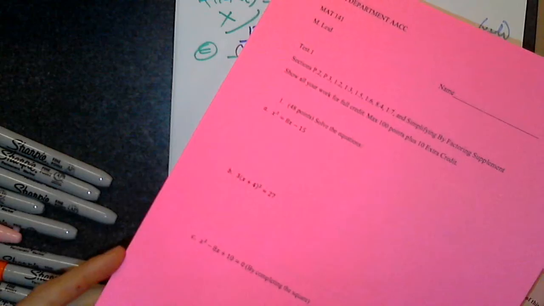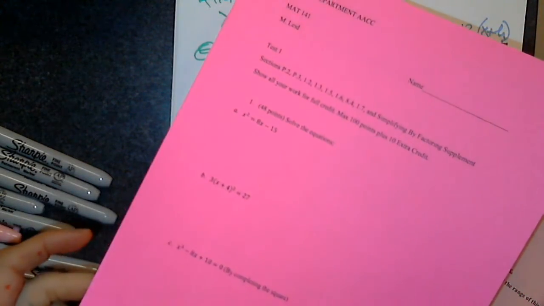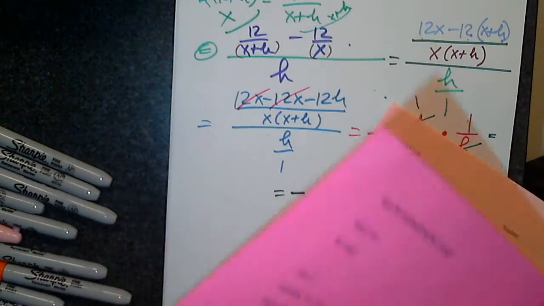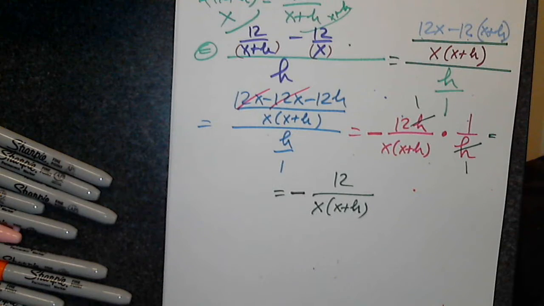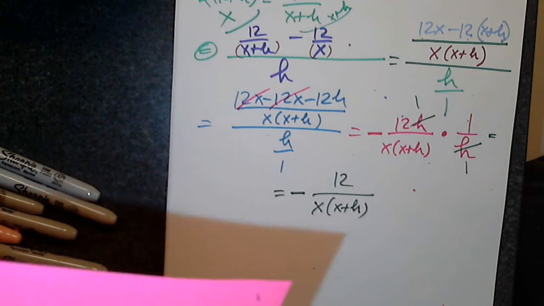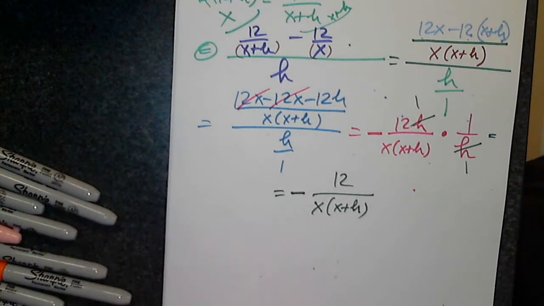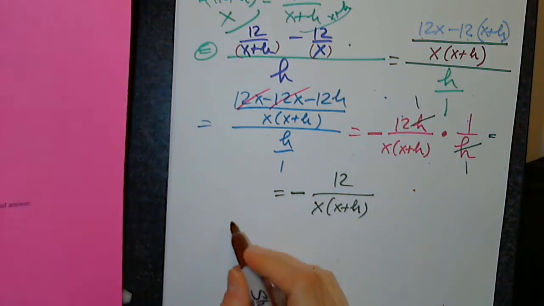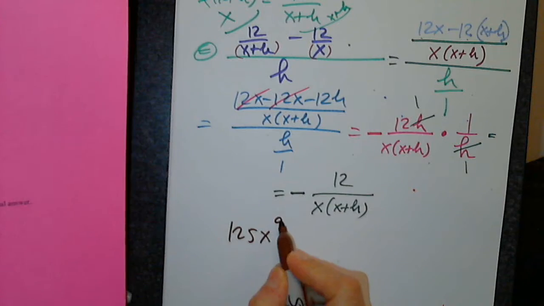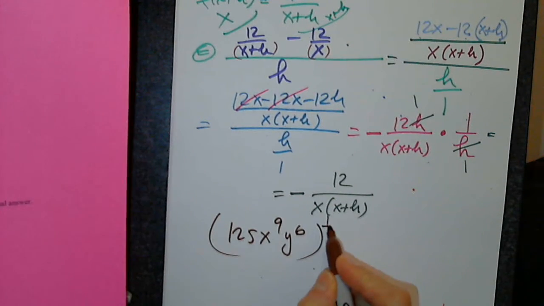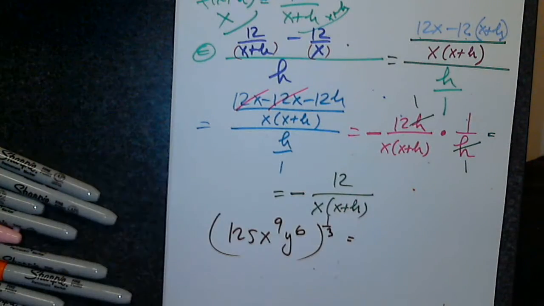Is this purple or what is it? Fuchsia. If you say so. So 125, x to the 9th, y to the 6th, everything to 1/3. When I raise a quantity that is a product of 3 factors to 1/3, what do I do?